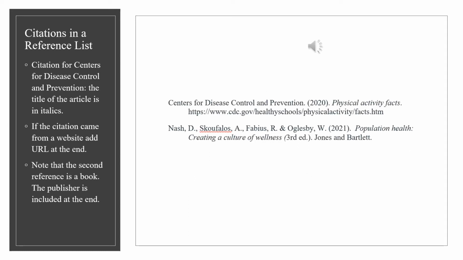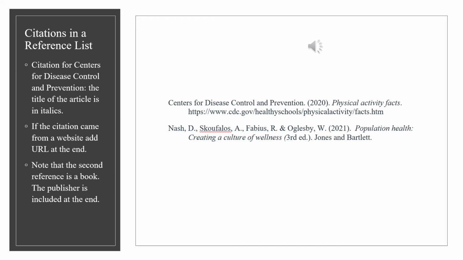More examples to show you. The first is an article that was published by the CDC, the Centers for Disease Control and Prevention. Then we have the year, then the title, and following that, the website that it was from. The second example is a book.